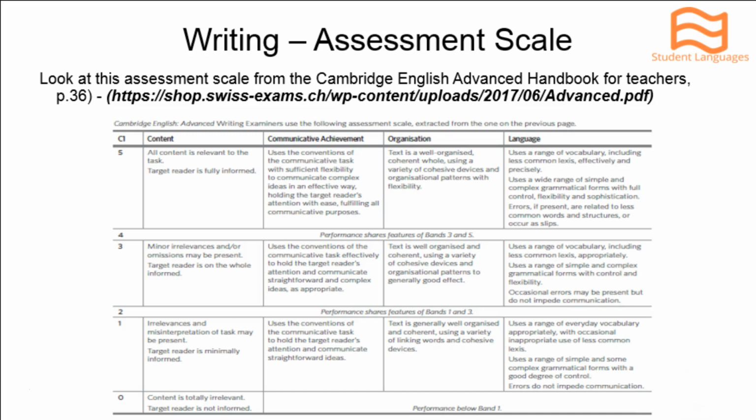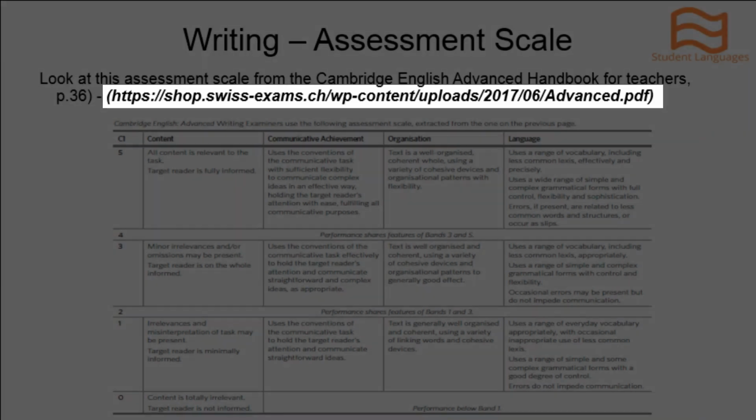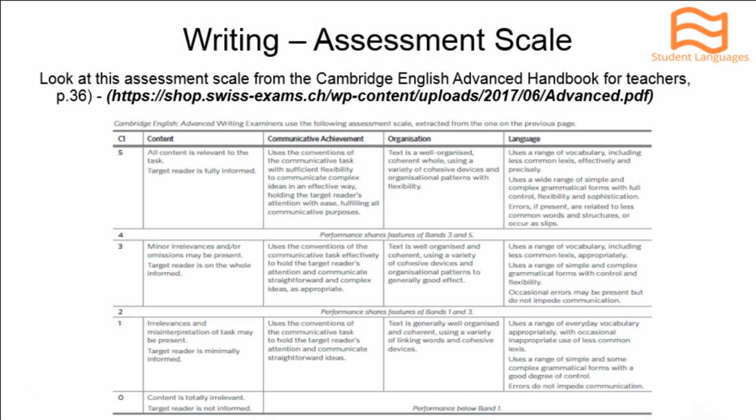So I advise you to pause this video now and have a look at this table. It might be easier for you to read it if you type in this web address into your internet browser, for example Google Chrome or Mozilla Firefox or Safari, etc. If you type this web address in and go to page 36, you will find this scale here, and have a read of it, because it will help you to understand what the examiners are looking for in order for you to get top marks, which is 5 for all of the 4 marking criteria.